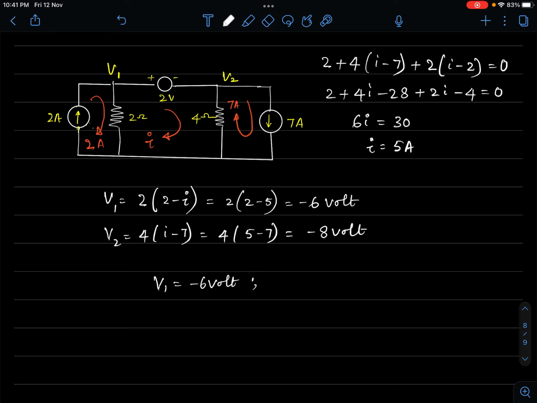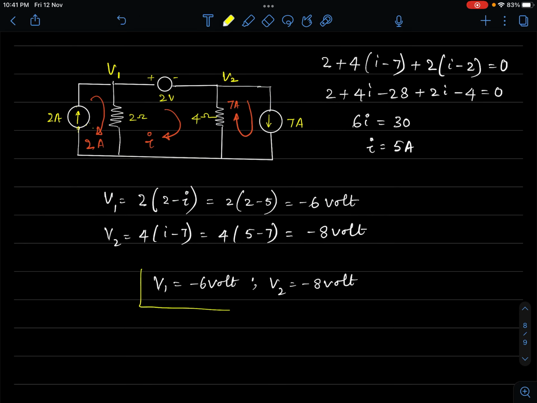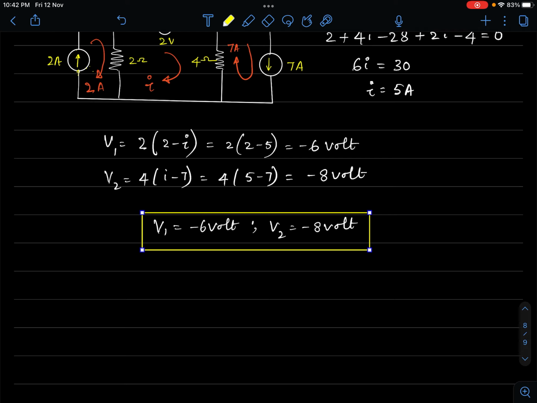So V1 equals minus 6 volt and V2 equals minus 8 volt. Substituting in any one equation, you will get the same. You can verify whether the problem is okay or not. This is another method of doing it.